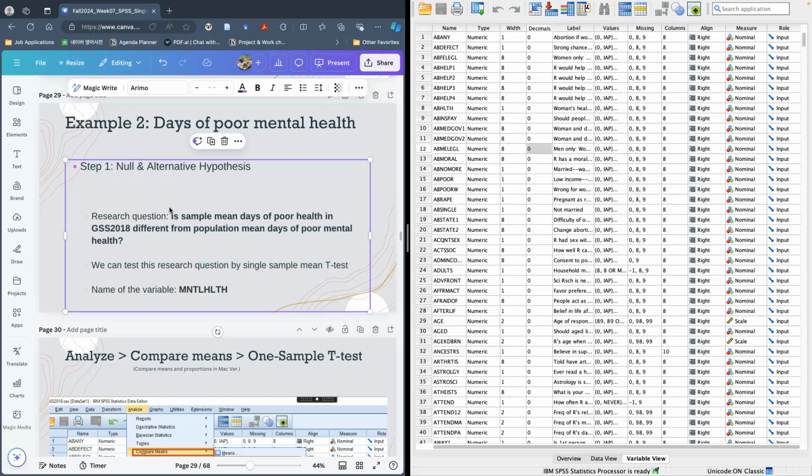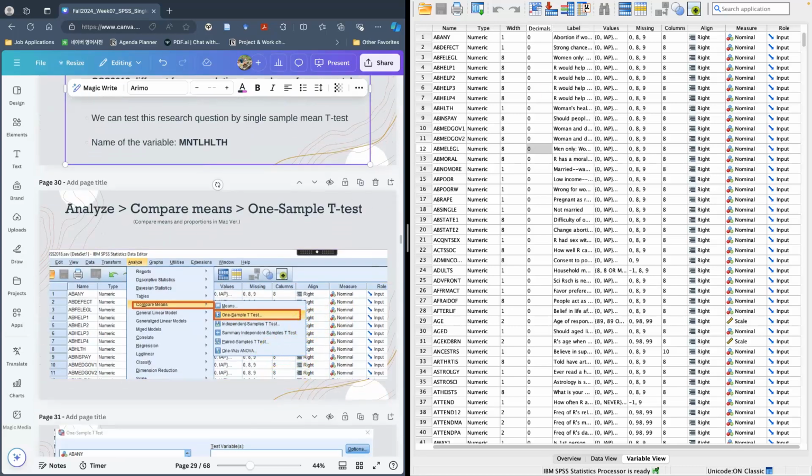So it's very tricky to say that, but anyway, in the null hypothesis, they are very cynical in denying that there is a difference in the mean days of the bad mental health. And the alternative hypothesis is saying that there is difference between the mean days of the poor mental health in the population mean and the sample mean.